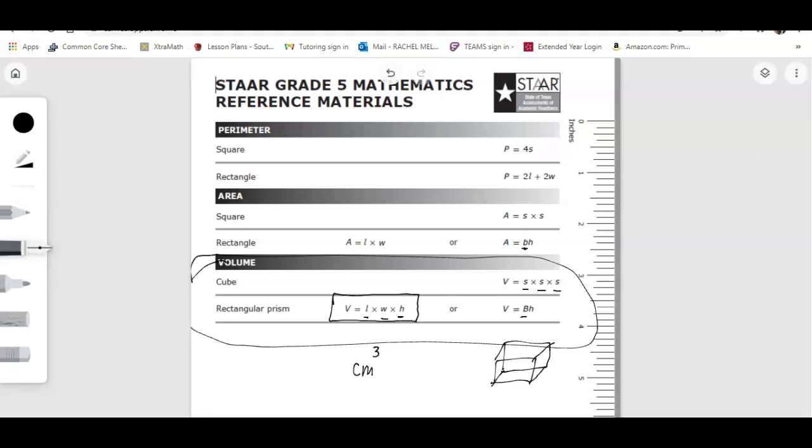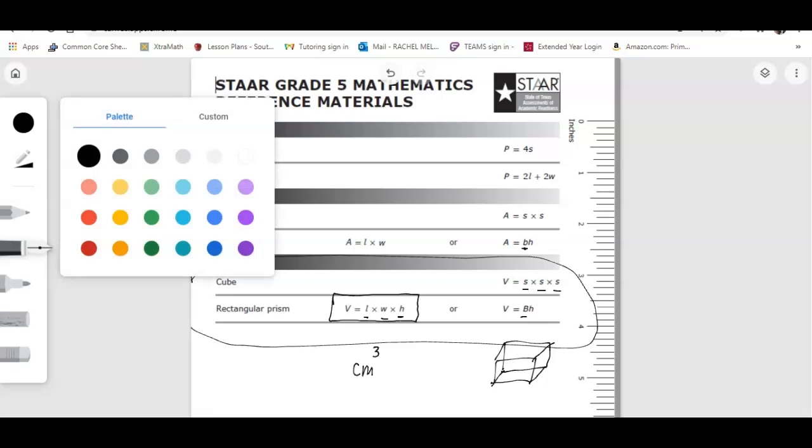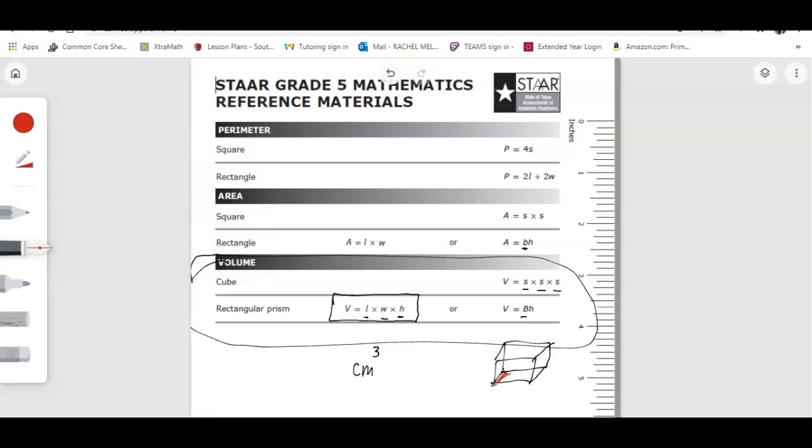But if I have a shape like this, and they give me the base of the shape like this, this is what we were doing on Friday, remember? So let's say this is 17 centimeters, the area of this red piece, that layer, is 17 centimeters. That's the big B, that's the base of the shape.